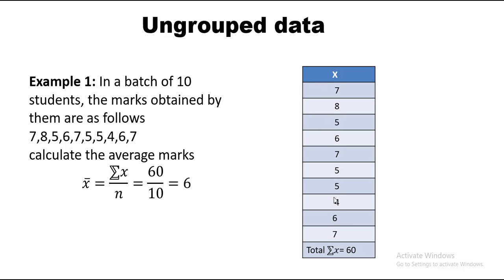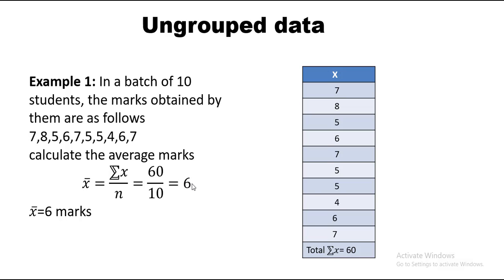If you add all these numbers, the total is 60. Since the total number of observations is 10, according to the formula, x bar equals summation x divided by n, which is 60 divided by 10, giving you 6. So here the mean value is 6.